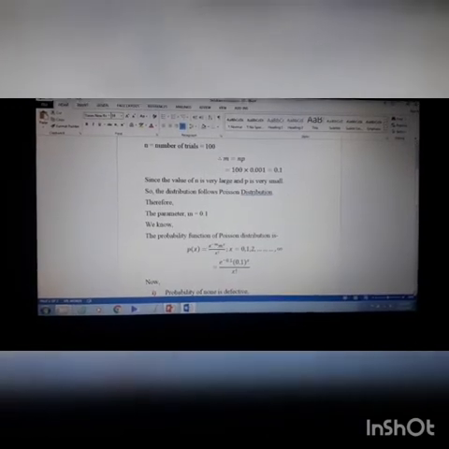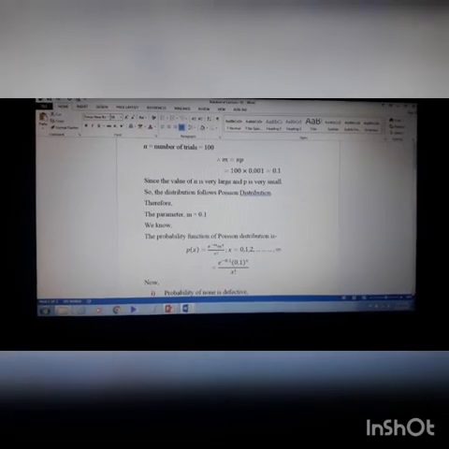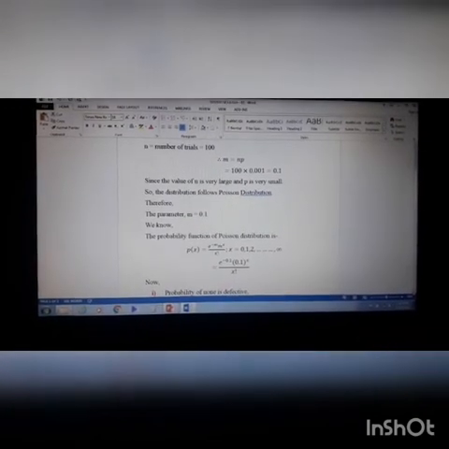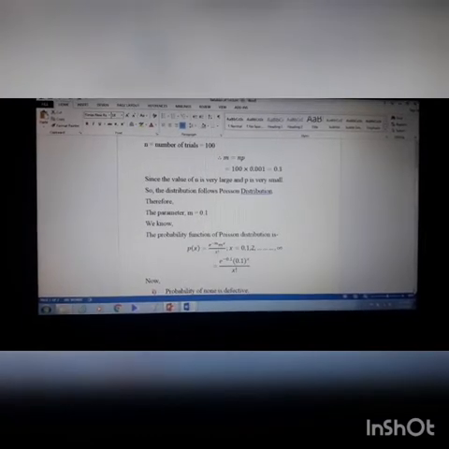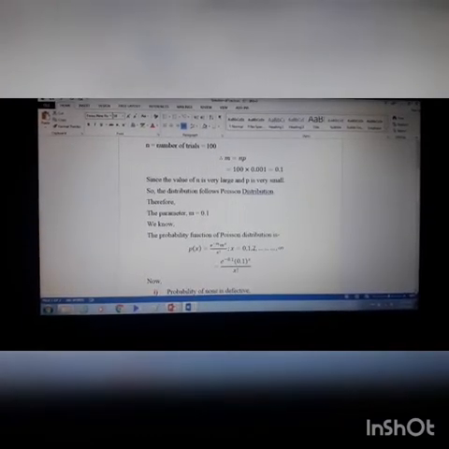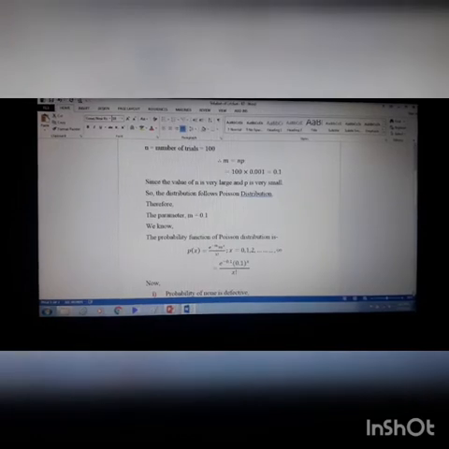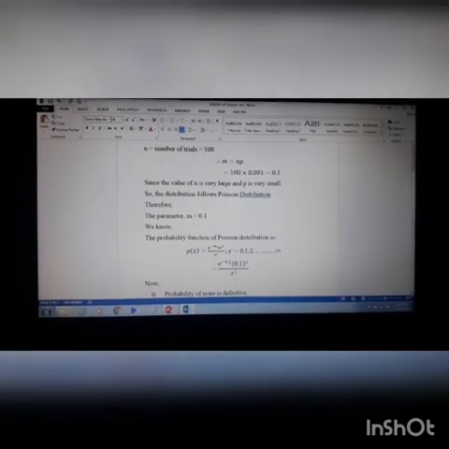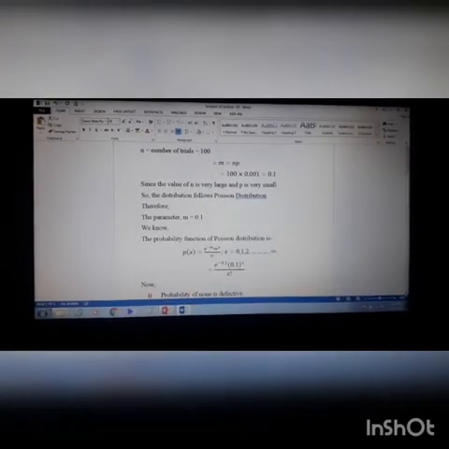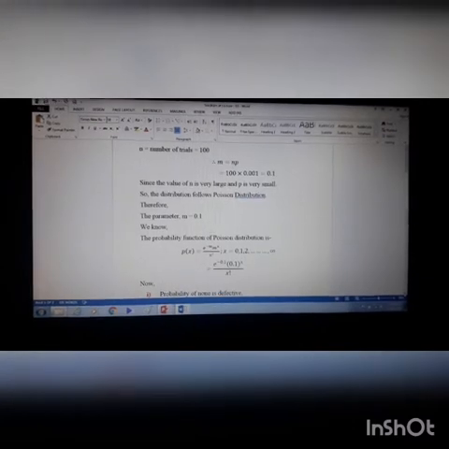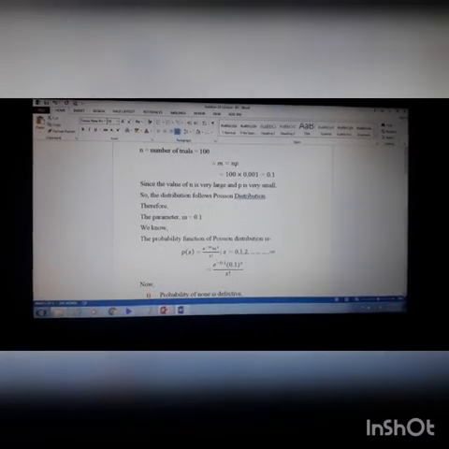Since the value of m is 0.1, replacing the value of m, we get p of x equal to e to the power minus 0.1 into 0.1 whole to the power x, divided by x factorial.